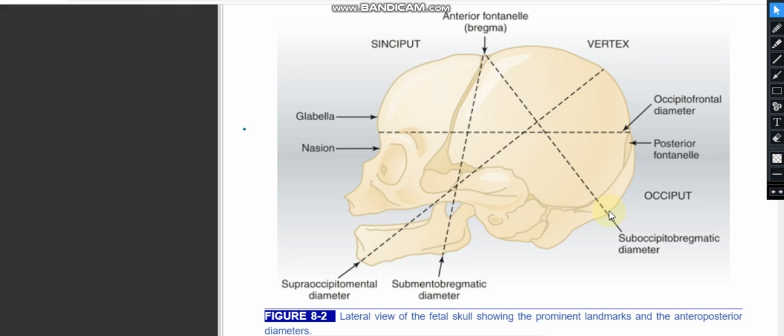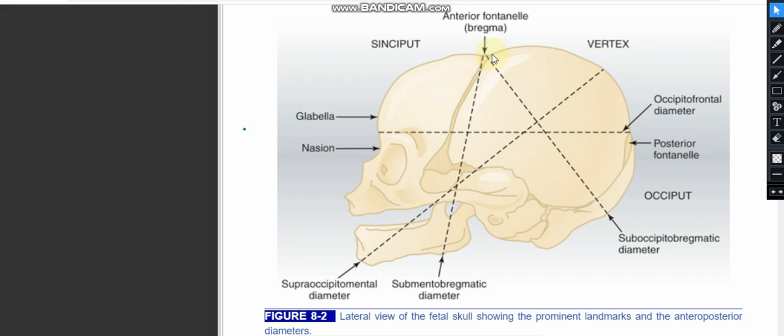Okay. Now the question will be framed as what is the diameter? What is the actual number of this diameter? Any diameter that is joining the bregma, that is the submentobregmatic diameter and the suboccipitobregmatic diameter, will be equal to 9.5 centimeters.